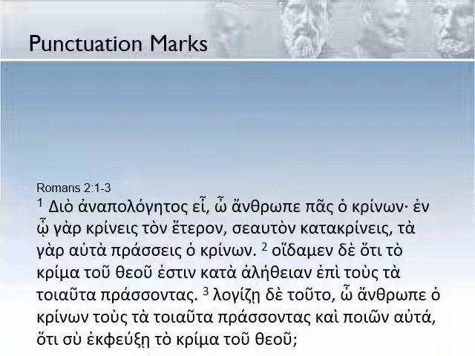Here I have an excerpt from Romans chapter 2, verses 1, 2, and 3. And you can see it's written out in Greek. We start with a capital letter delta. We have a number of examples of both accent marks and breath marks.